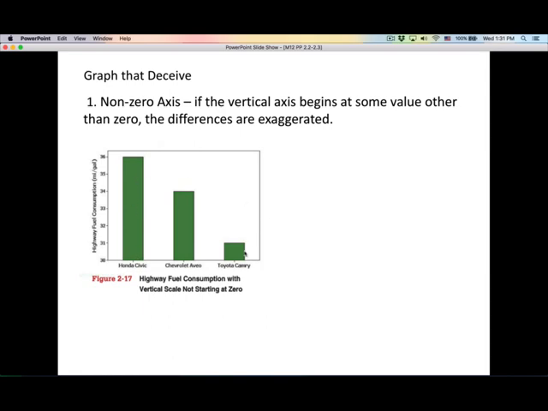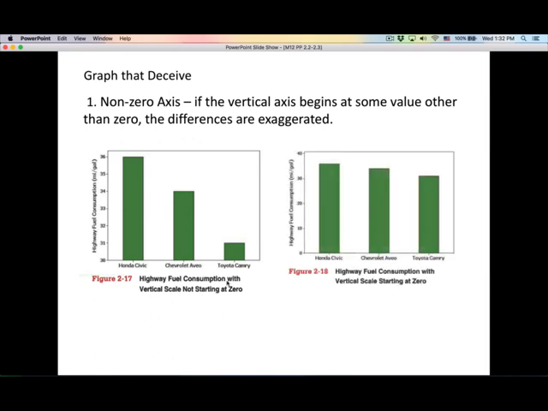But actually, if you pay attention to your vertical axis here, the vertical scale starts at 30 miles per gallon instead of 0 miles per gallon. If the vertical scale starts at 0 miles per gallon, the difference among the three mileage ratings is actually small.